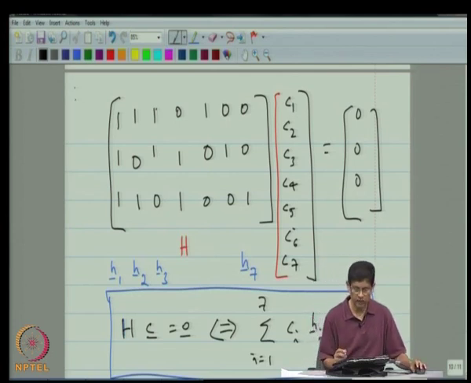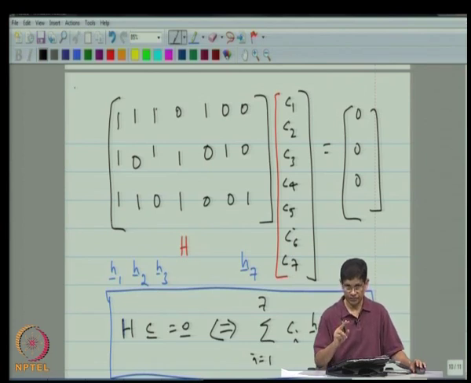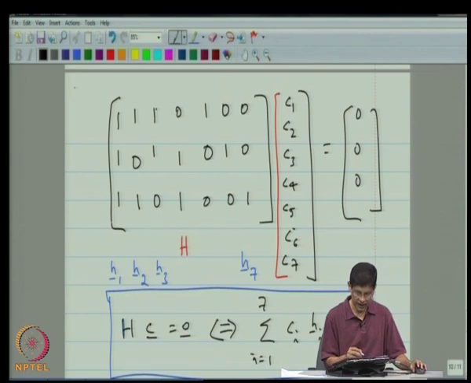If you are looking for the smallest set which is dependent, you know that no 2 are dependent, because all of them are distinct, but certainly it is easy to find examples where 3 of them are dependent. For example, if you were to add this first column to the second column, you would get 0 1 0 and you would find that here.